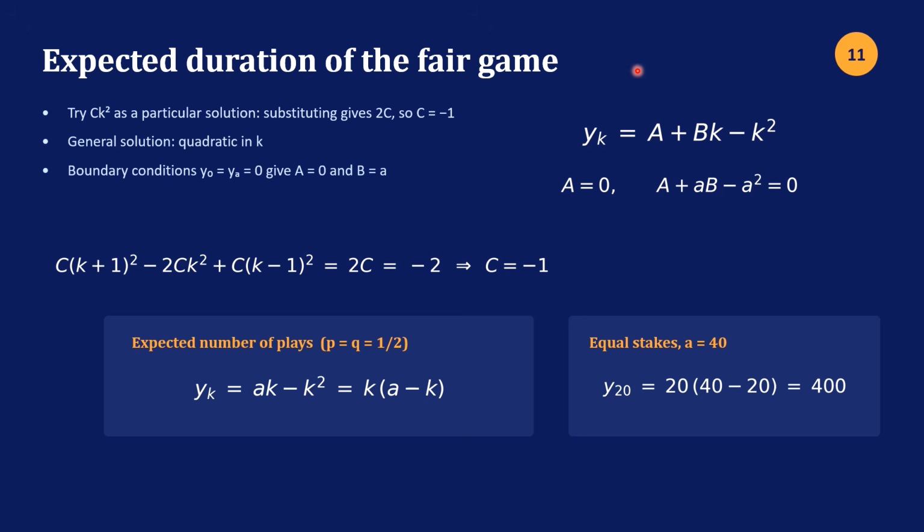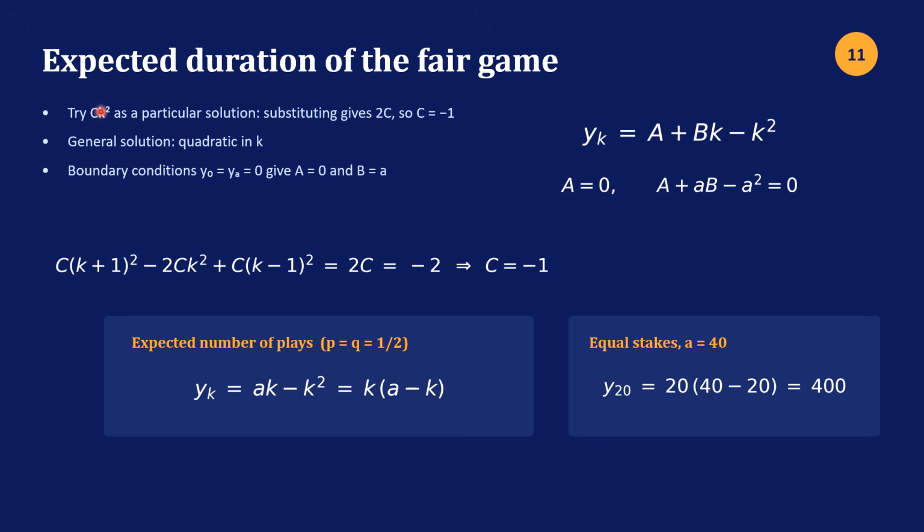So continuing with the solution, we're going to try a constant times k squared as a particular solution. And we plug that into our equation. If you recall from the previous slide, we had a -2 because we multiply both sides by 2.